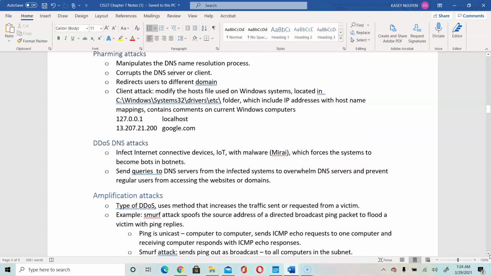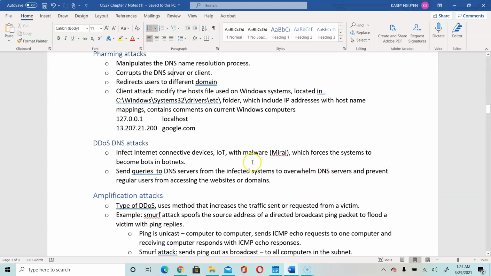A distributed denial of service DNS attack would infect IoT or internet-connected devices using malware such as Mirai, which forces the systems to become bots on botnets, and sometimes they can take over systems to be zombies, so they would use scripts or software tools in order to do that.